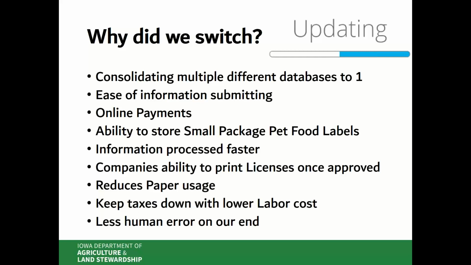Information is processed faster, and companies are able to print licenses once approved, and you'll learn how to do that here today in a few minutes. It also reduced our paper usage, and it will keep the taxes down with a lower labor cost and less human error on our end.